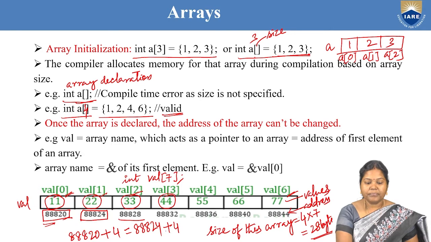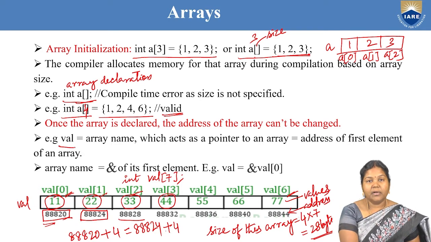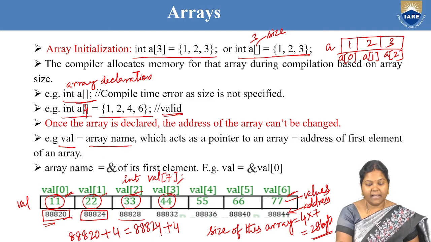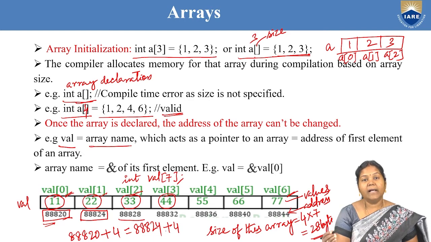Okay. So here, the name of the array is the array name, which also acts as a pointer to the array. That means it also contains the address of the first element. The address of the first element is stored in the array name. So the array name by default acts as a pointer.